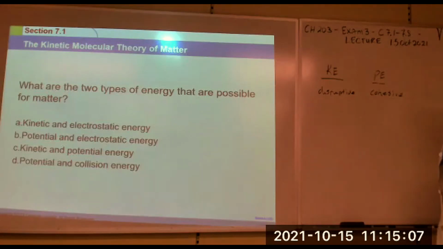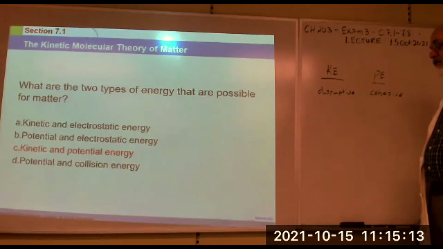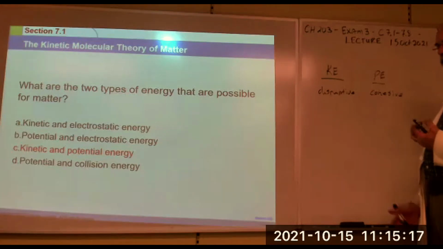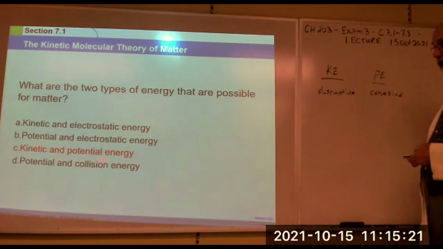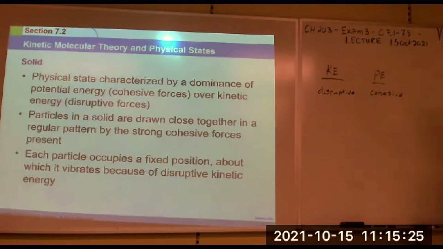Okay, two types of energy that are possible for matter, kinetic and potential. When we describe the energy content of any substance, we can describe it in terms of its kinetic energy and its potential energy. Now let's talk about individual physical states.